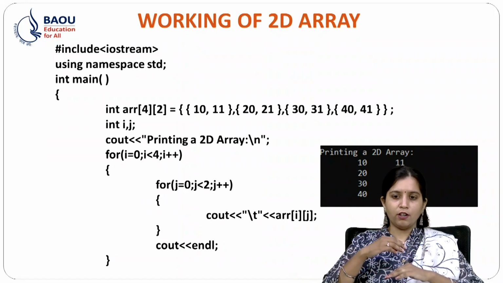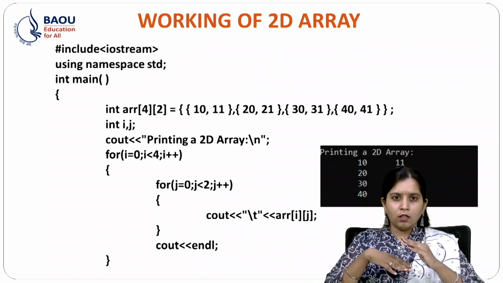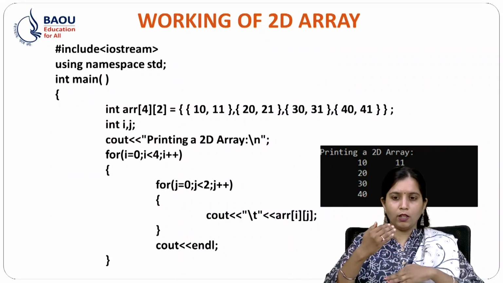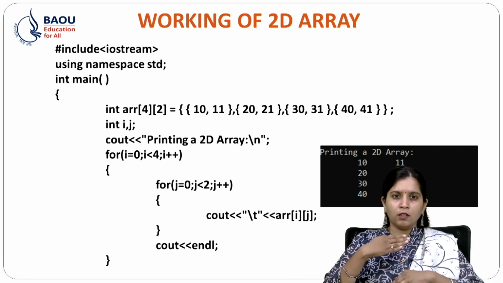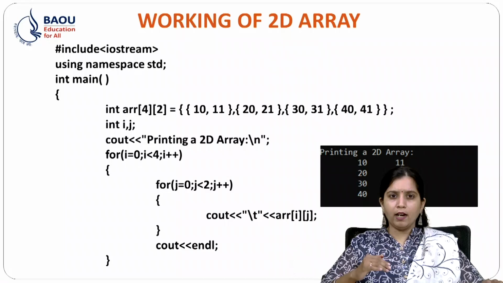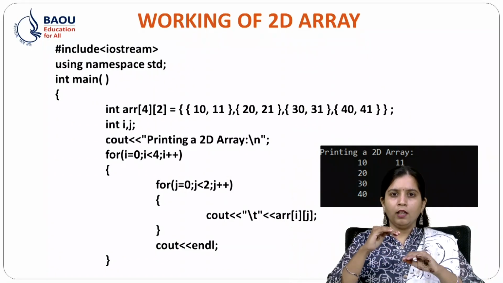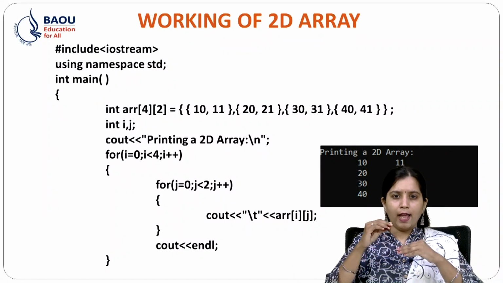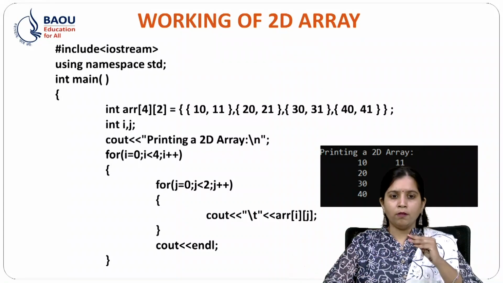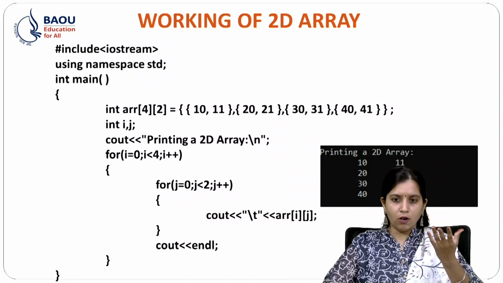For each iteration of the outer loop, i increases by one and takes us to the next 1D array. Also the inner loop runs over the whole 1D array at a time. Accordingly we print the individual element of the array at i, j. I hope now you get the idea how a two-dimensional array works.